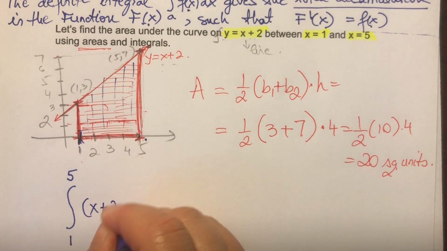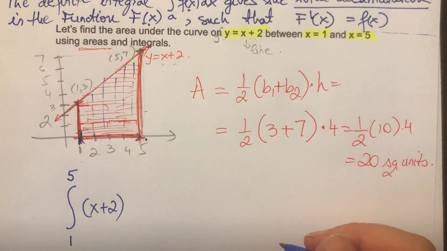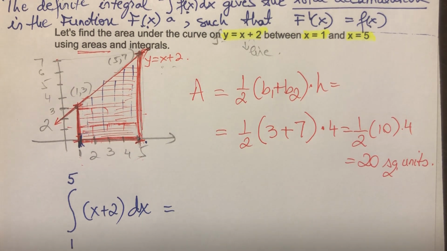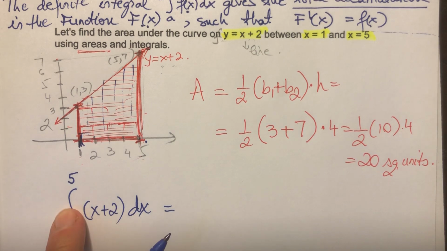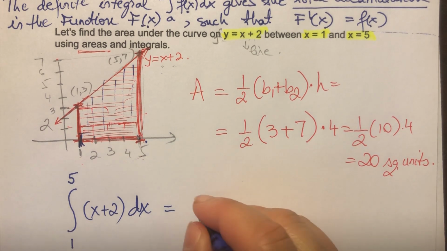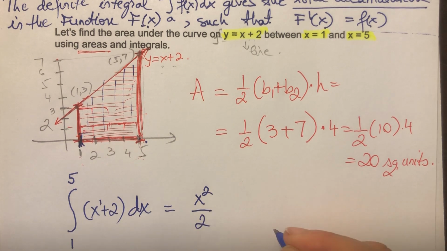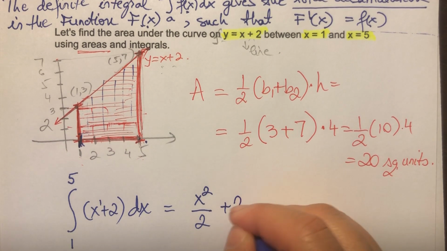It's x plus 2, right? f of x is x plus 2, that's the function, dx. So the rule says, find the antiderivative of this function. Well, what's the antiderivative of it? x to the 1 gives x squared over 2, plus the antiderivative of 2 is 2x.